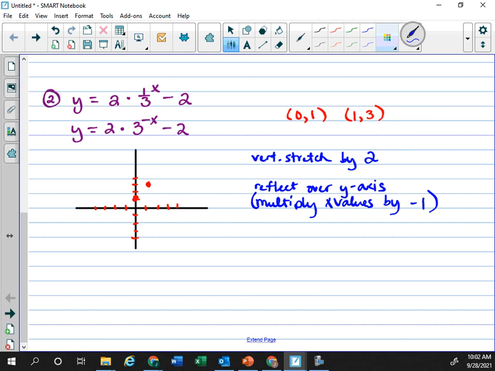So 0 times -1 is still 0. And then the y value I would multiply by 2, so I get (0, 2). X value times -1, so that's -1. Y value times 2, that is 6. So I've got (0, 2), and then I have (-1, 6). Are you guys okay with that? With that negative in with the x?